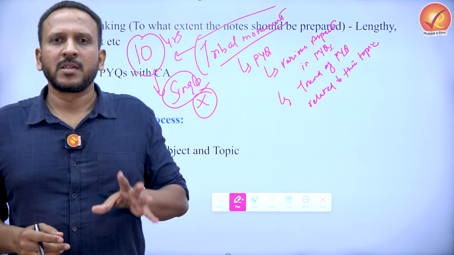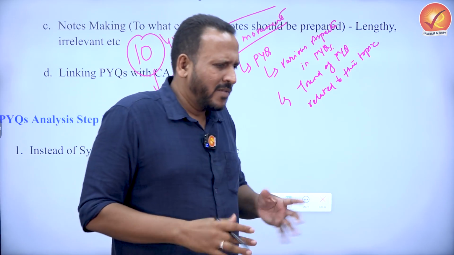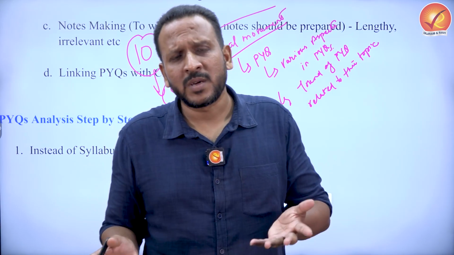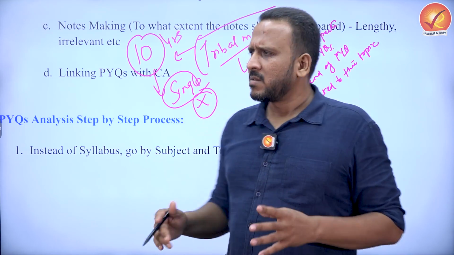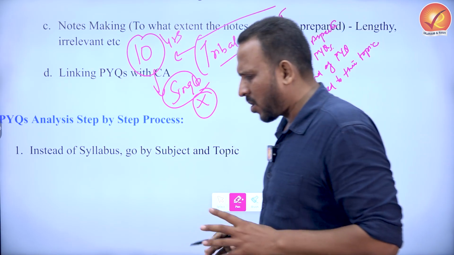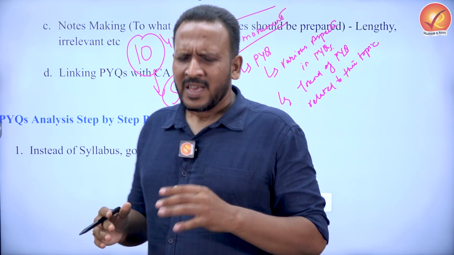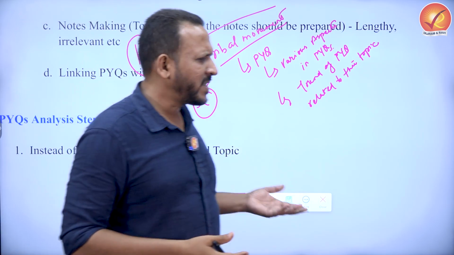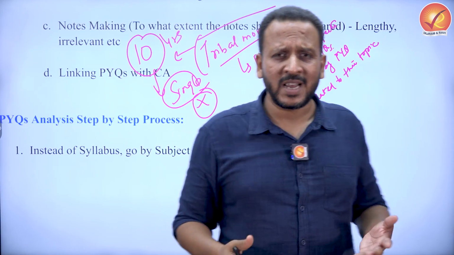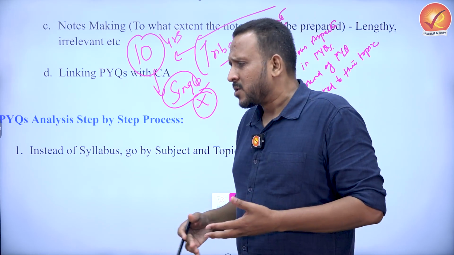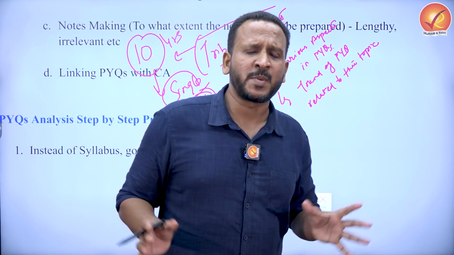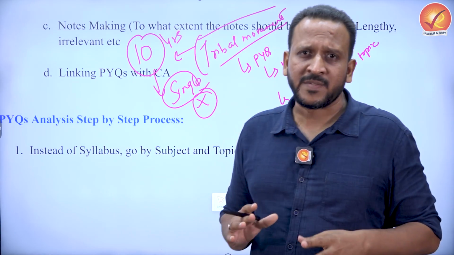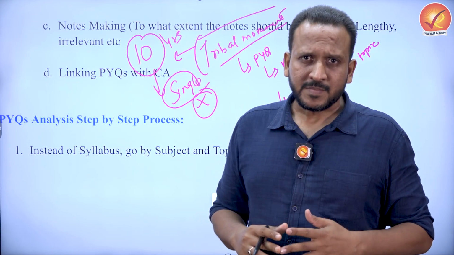You will either assume whatever we have read is more than enough, or Spectrum is more than enough, or my notes is more than enough, because anyway this topic is not relevant. UPSC has not asked a question in the last 10 years. Why will UPSC? So it means this topic has lost its relevance. Maybe it is relevant from the prelims perspective, but not from the mains perspective, right?